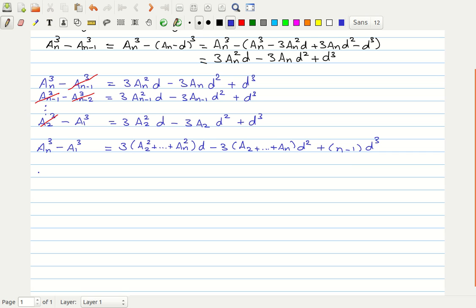Now if I add to an cube minus a1 cube, I add plus 3 times a1 square d and I subtract 3 times a1 times d square.